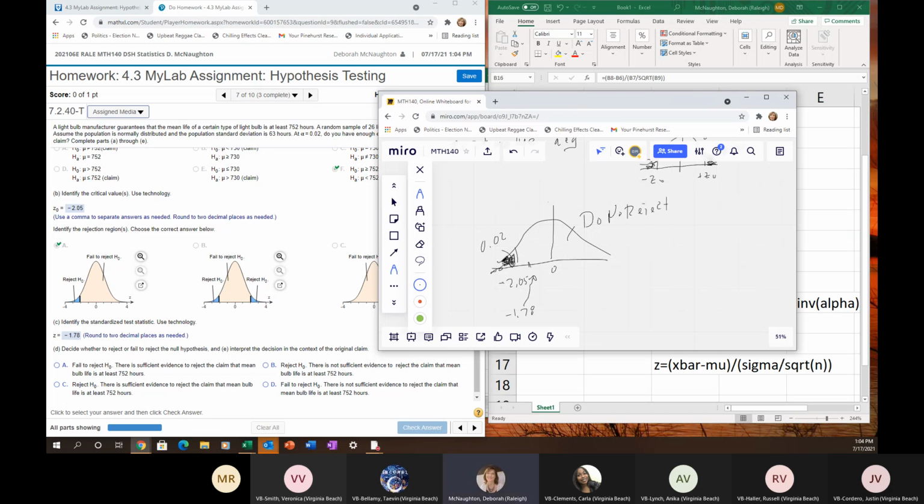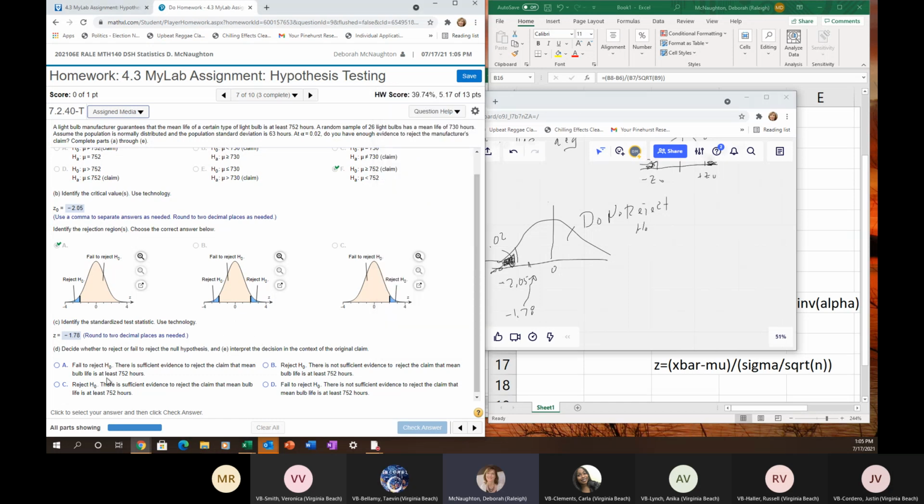Out here and over here is my reject. So this is do not reject H naught. So it falls in the do not reject, so we fail to reject H naught. And whenever we fail to reject, it means that there is not evidence to reject the claim. And you can look at your little table to see that.